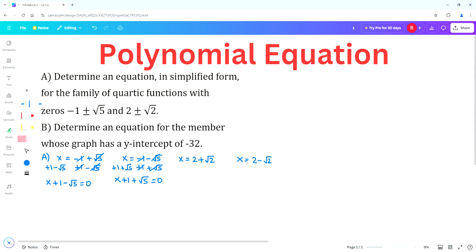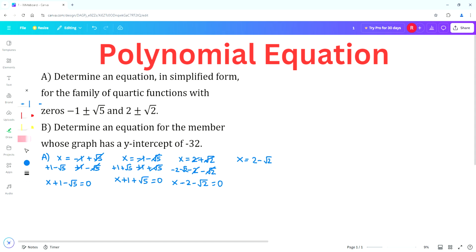Now we can find the third factor. The third factor is x minus 2 minus square root of 2.